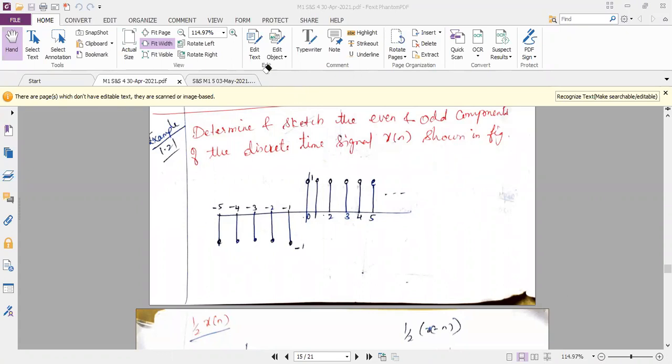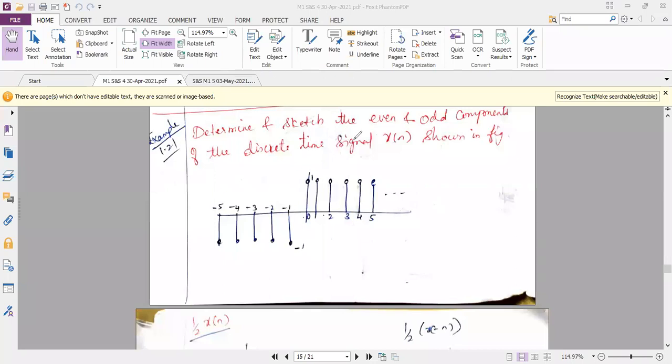That will be difficult. Here, discrete time means at 1, what is the sample? 1. In the second diagram at 1, what is the sample? 1. So both you can easily add. Whereas for the continuous time signal, we have to see the previous value and next value, everything, keep it in mind and solve the problem.